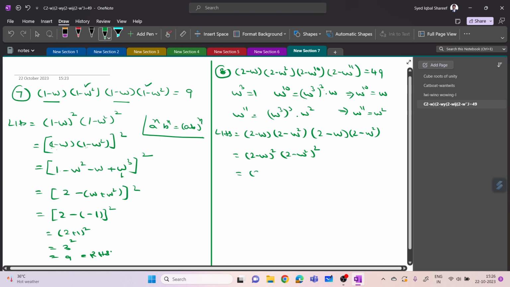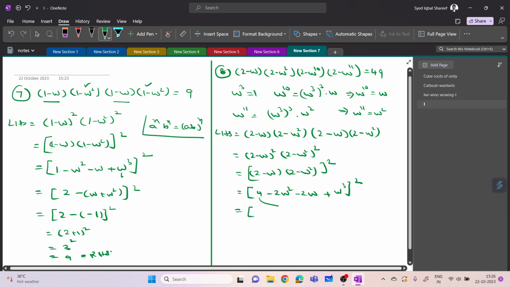So what I am doing, 2 minus omega, 2 minus omega square. Now the square parts, now expansion. 2 into 2 is 4. 2 into minus omega square, 2 into this thing is minus 2 omega. Minus into minus plus, omega square into omega is omega cube. Omega cube is 1.